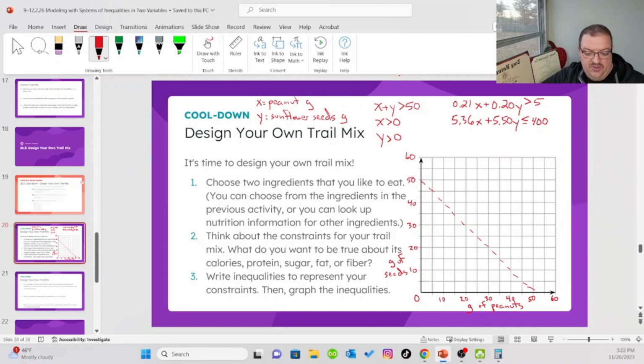And being more than, it needs to be up here in this region. I've limited myself to region 1 so that my x and my y are both greater than 0.